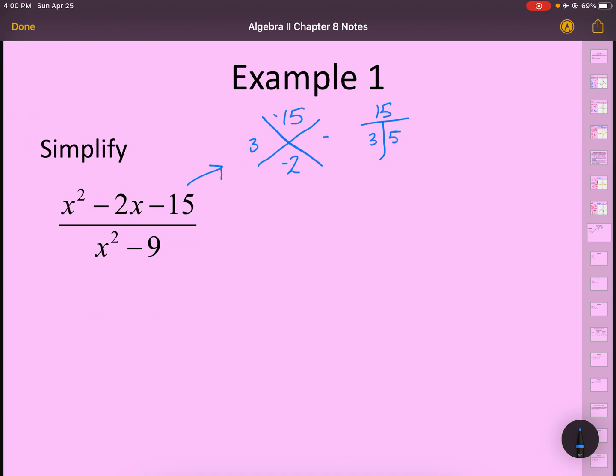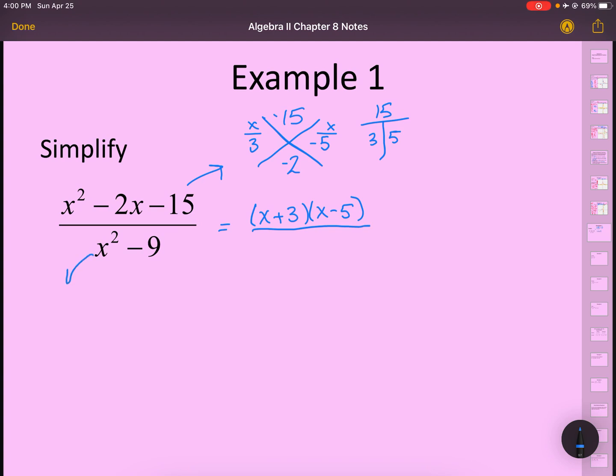So I'm going to use those. But in order to have a negative 15 and add to negative 2, I'm going to have to make the 5 negative. So here are our new factors, x plus 3 and x minus 5. That's just what it factored to. So there's our new numerator.